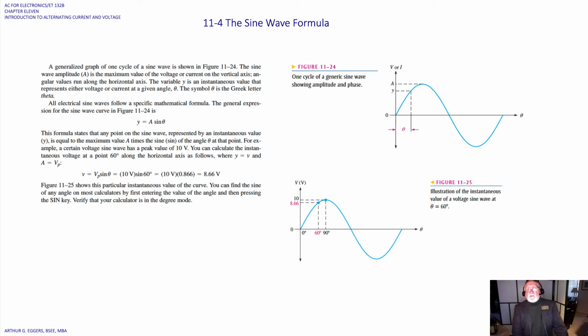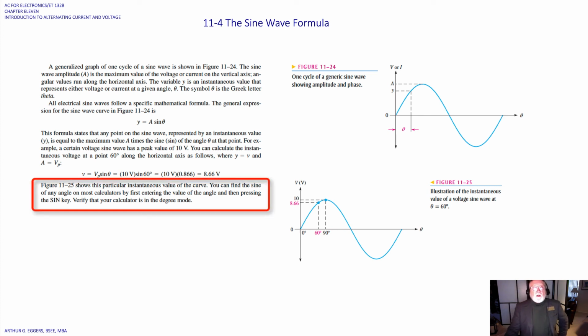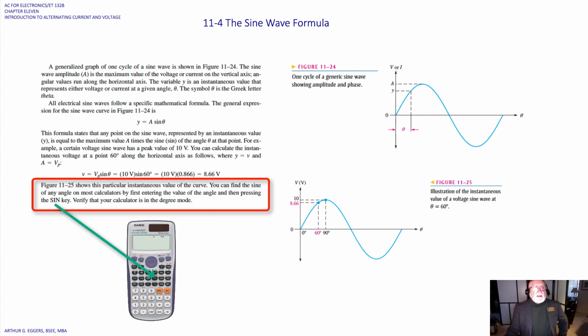Figure 1125 on the right shows a particular instantaneous value of the curve, and you can find the sine of any angle on almost any calculator by first entering the value of the angle, 60 in this case, pressing the sine key, and verifying that your calculator is in degree mode. So if you're using the Casio calculator, you can see right here, that button right there is the sine, right next to the cosine and the tangent. So get used to using those values.